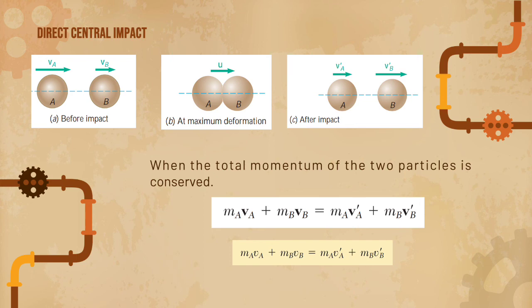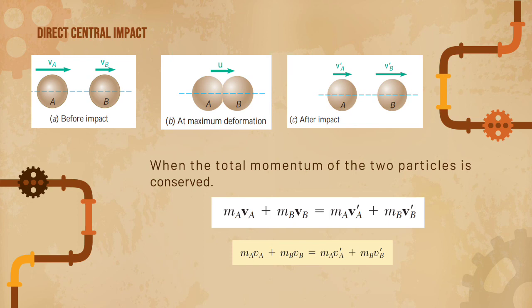Considering first the two particles as a single system, we note that there is no impulsive external force. Thus, the total momentum of the two particles is conserved, and we will write this in an equation of m sub A times v sub A plus m sub B times v sub B is equal to m sub A times v'(A) plus m sub B times v'(B).